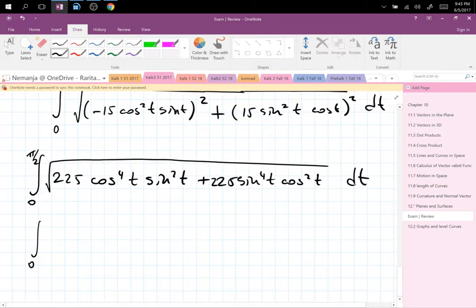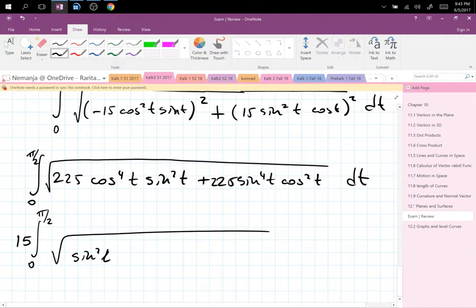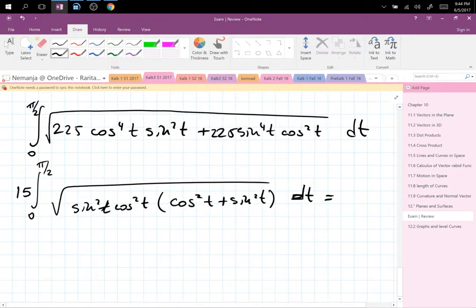The next one is integral 0 to pi over 2. I can factor 225, and then the square root of that going out is 15. I have a cosine squared sine squared to factor out, and what's left in parentheses is cosine squared t plus sine squared t, which is further equal to sine squared cosine squared.